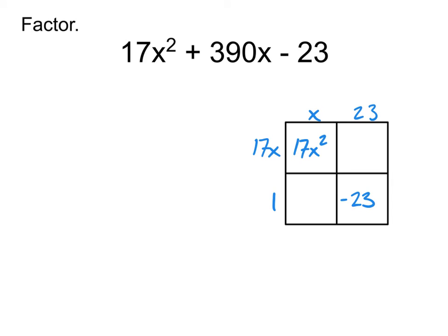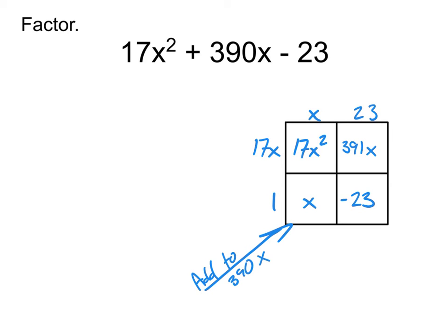So the first thing I do is 17 times 23. That gives me 391, and there is an x there, so it's 391x. And then the x times 1 is just 1x. Now remember, these two need to add to 390x. But one of them needs to be negative.